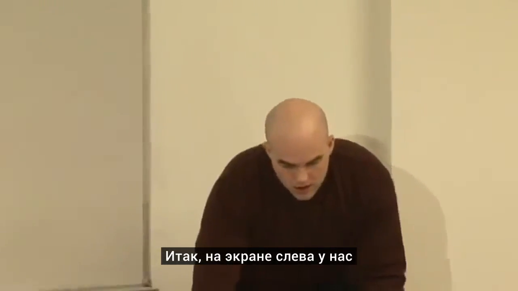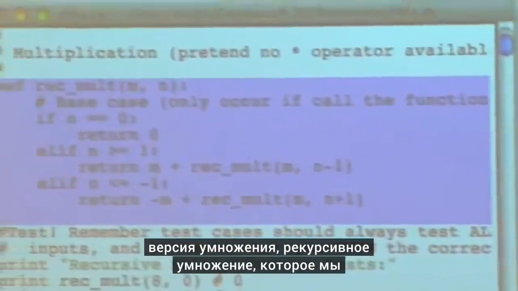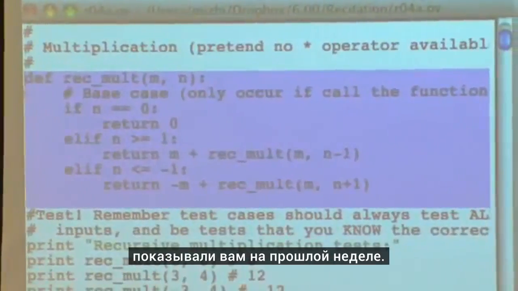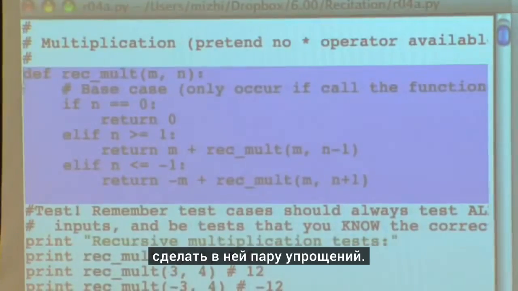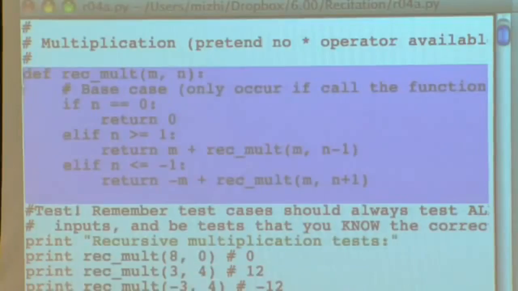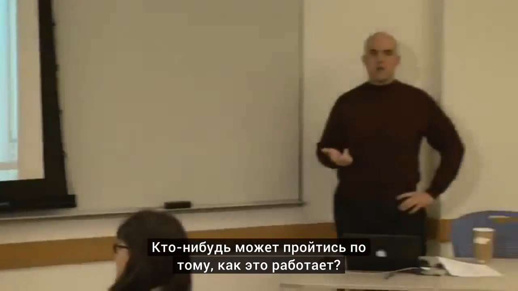So on the screen, on the left here, we have the recursive multiplication that we showed you last week. It's a little different because it turns out there's a couple of simplifications you can make. But can someone walk me through how this works?